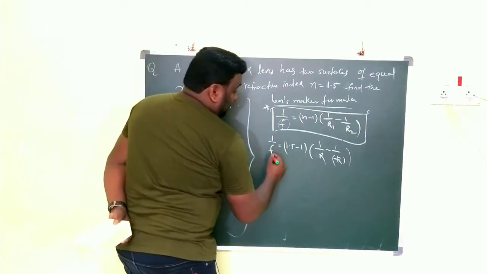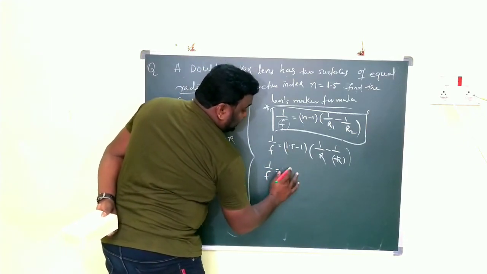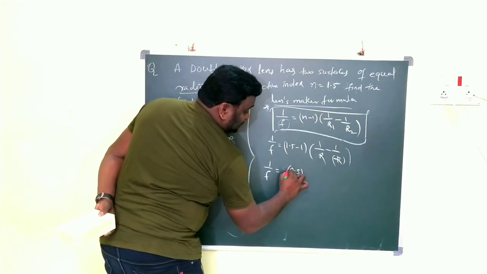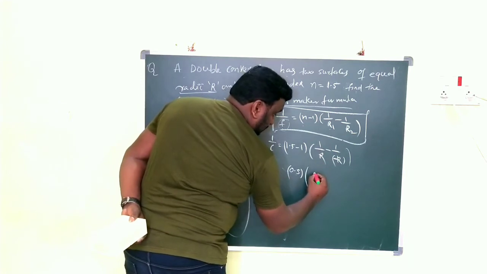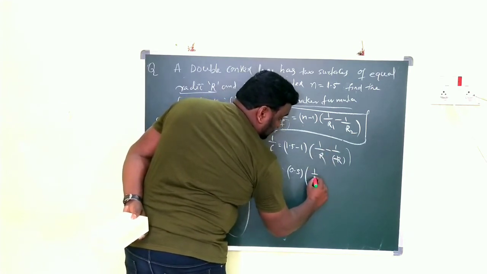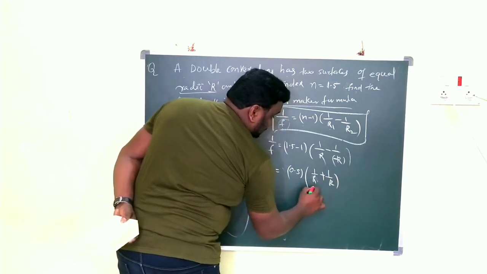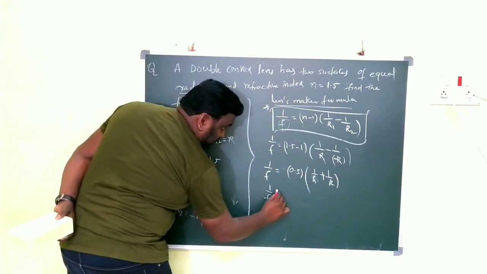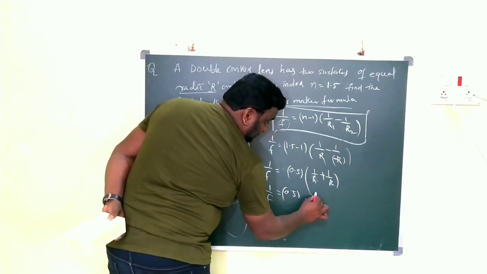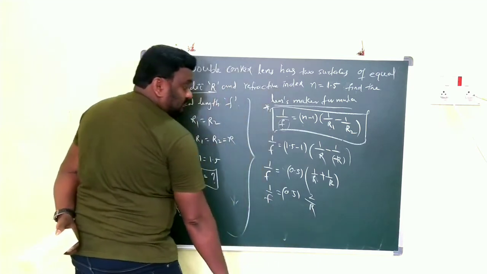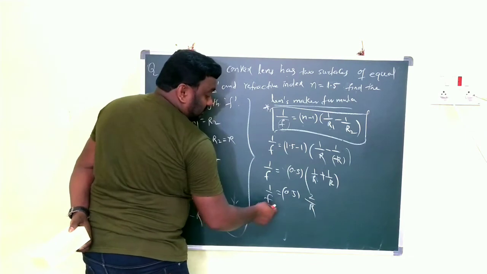So here what do you get? 1 by F is equal to 1.5 minus 1, which means 0.5, into 1 by R plus 1 by R. So 1 by F is equal to 0.5 into 2 by R. 1 plus 1 is 2. 0.5 into 2 means nothing but 1.